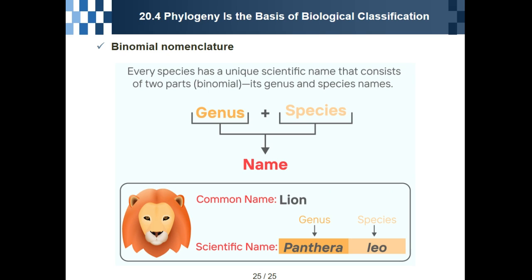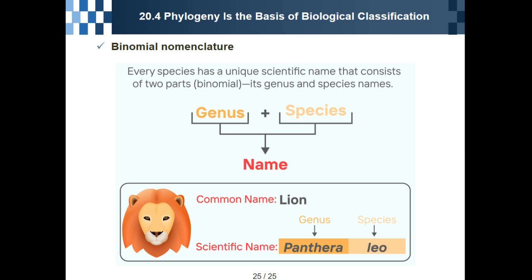Okay, and finally, we will cover binomial nomenclature. Whenever we do biological classification, we always use binomial nomenclature.